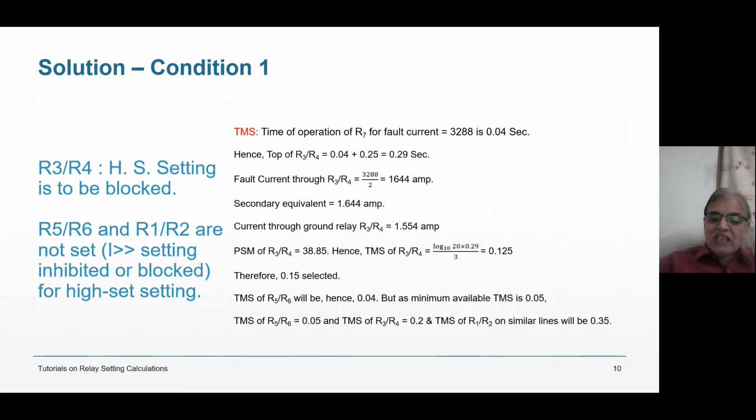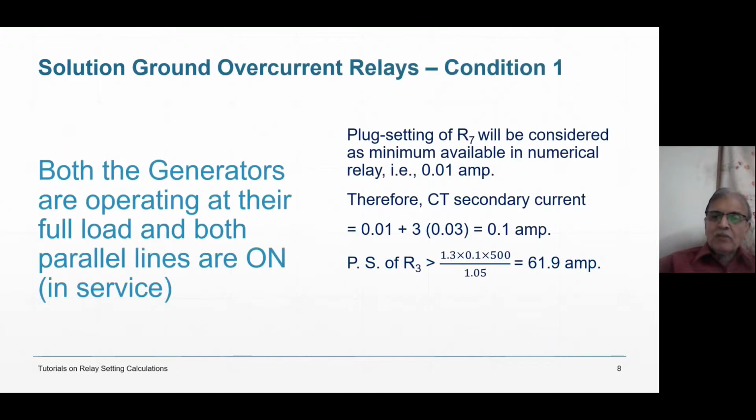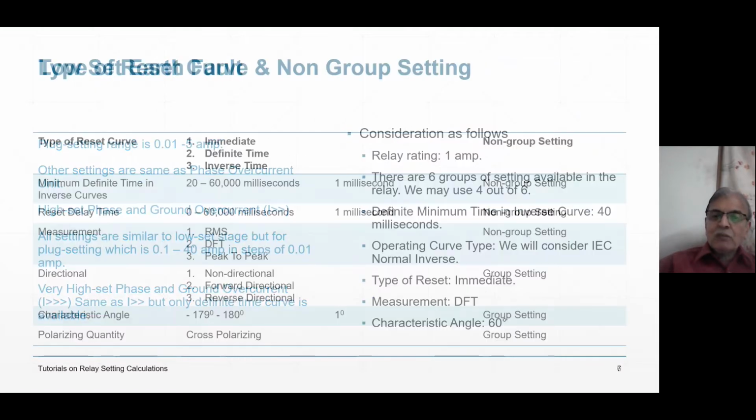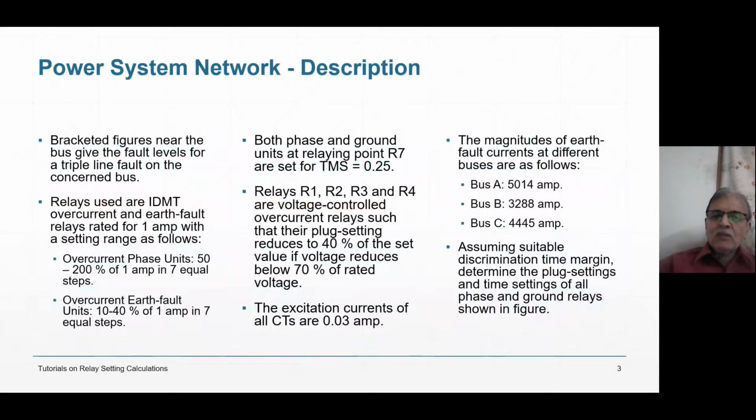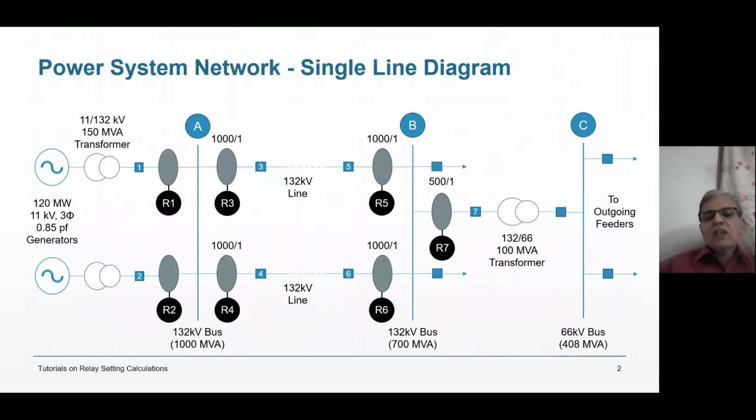But once again, I am thrown into the same trouble. If I select 0.15 for R3, R4, then R5, R6 has to be less than that because R3 is backing up R6.